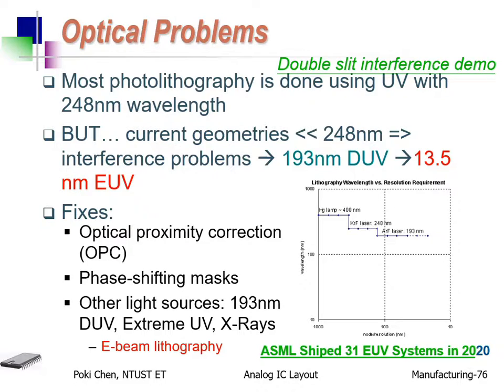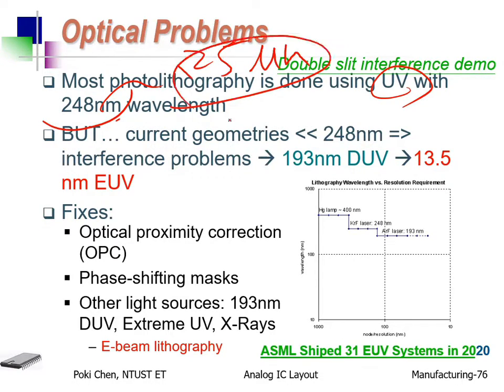From the very beginning, we have UV for photolithography. According to wavelengths, it has almost 250 nanometers, so that is close to 0.25 micron, right? Above it, no problem at all.